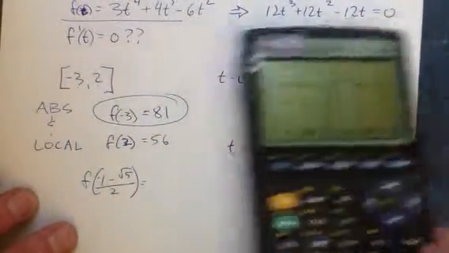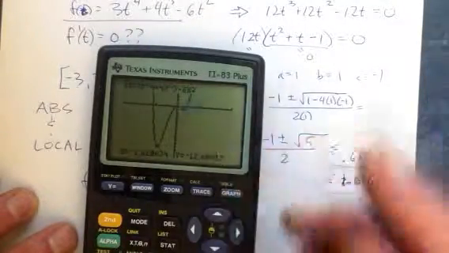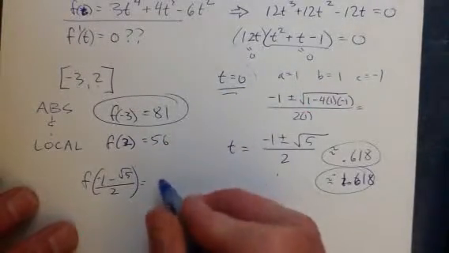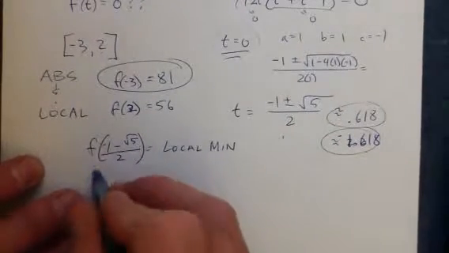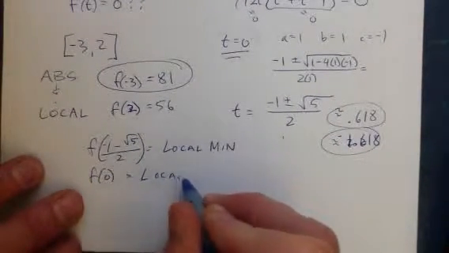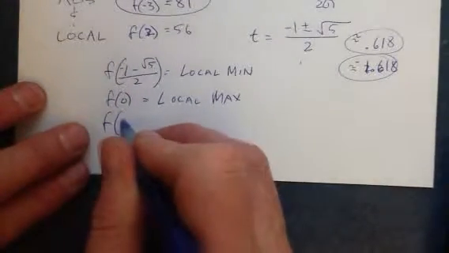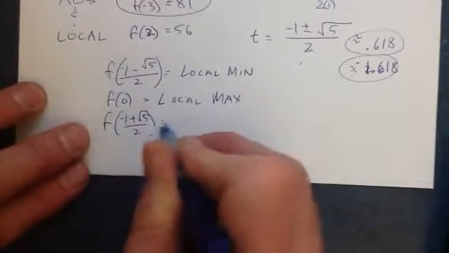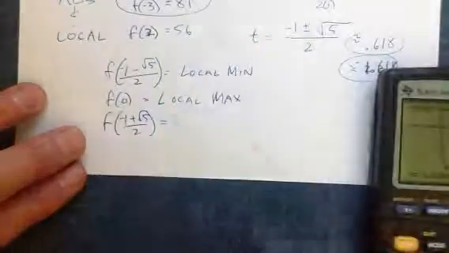I'm going to skip this because it's pretty clear that when I'm at 0, the function value is 0. That's this one right here. So this is a local min, and then f of 0 is a local max, and then finally f of (-1 plus radical 5) over 2, which is also about 0.6, will be a local minimum.